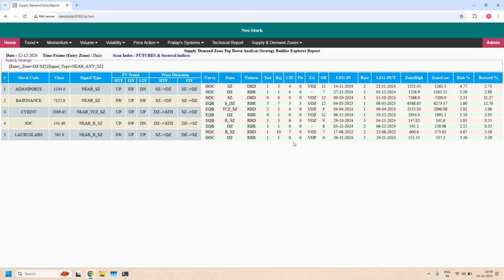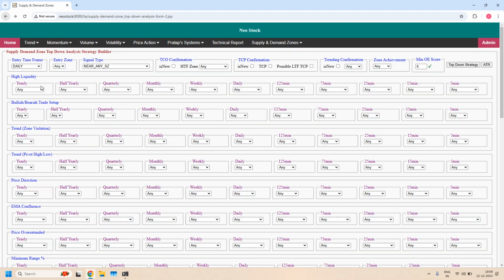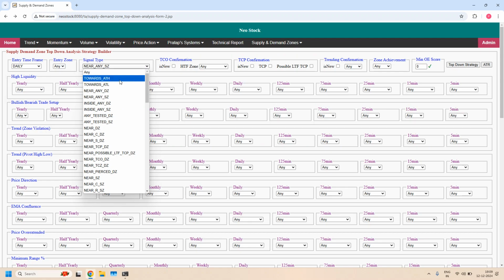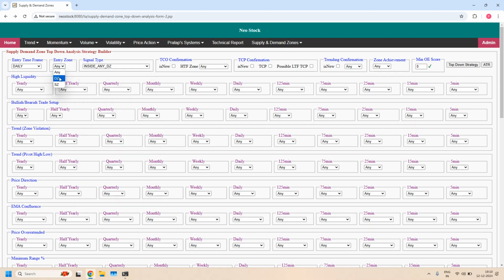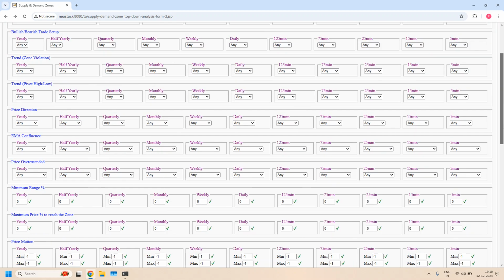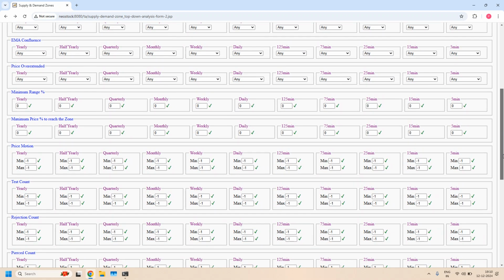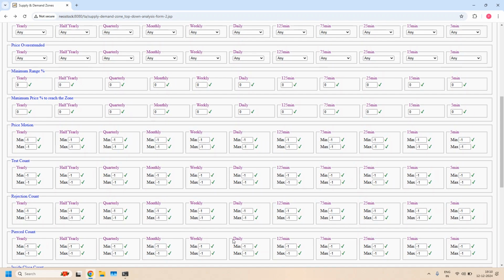Okay, next, sorry, daily time frame. Let us find the stocks where price closed inside daily demand zone, and these daily demand zones should not be pierced. So daily time frame, I am setting minimum value 0, maximum value 0.